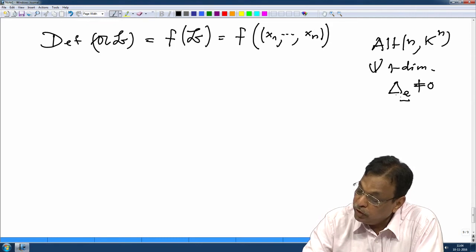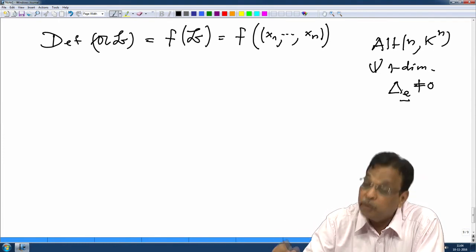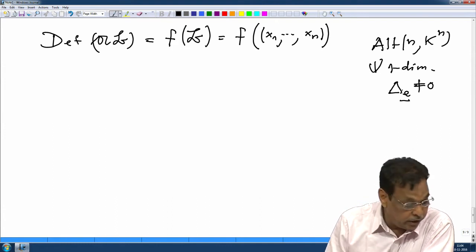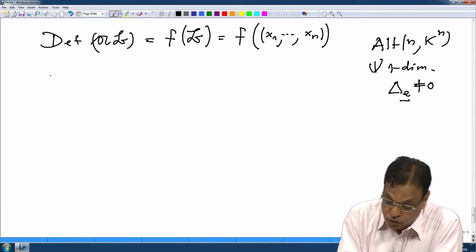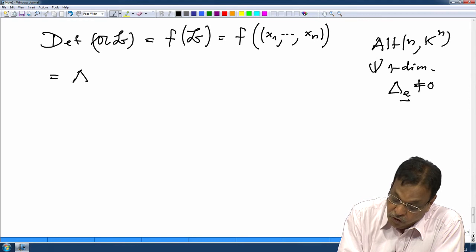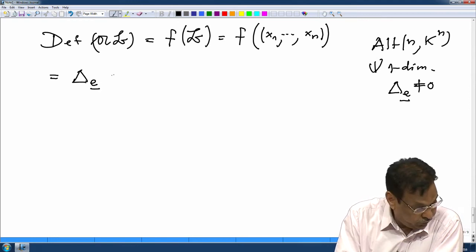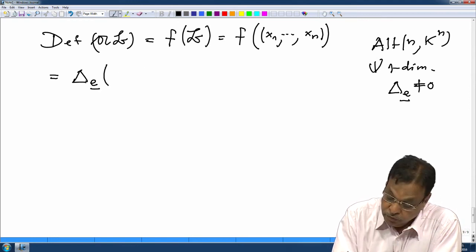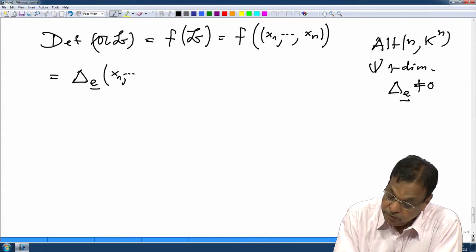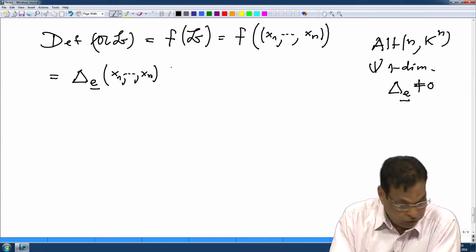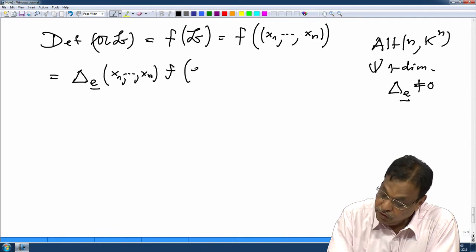Therefore, this non-zero element will be a basis of this one-dimensional vector space, and F is one of them. Therefore, F has to be a scalar multiple of delta E, and which scalar multiple, that we also know how to find. This is delta E of x1 to xn times F of E1 to En.